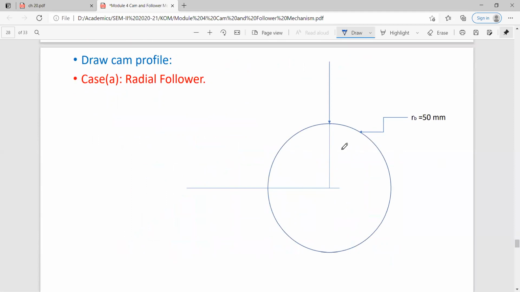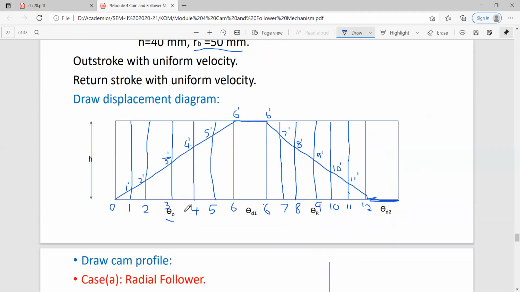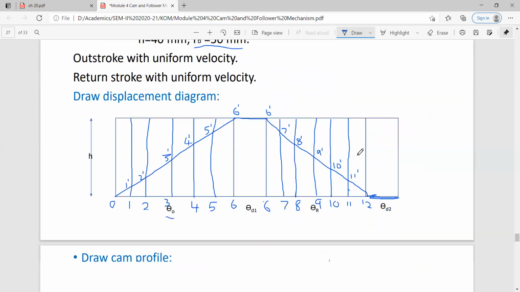It is assumed that your cam will rotate in the clockwise direction, so you have to mark the angles in the opposite direction of rotation. So the first angle is the angle of rise, 60 degree.